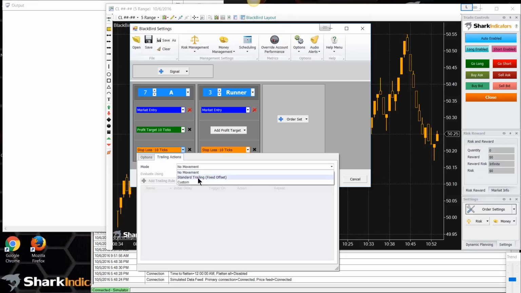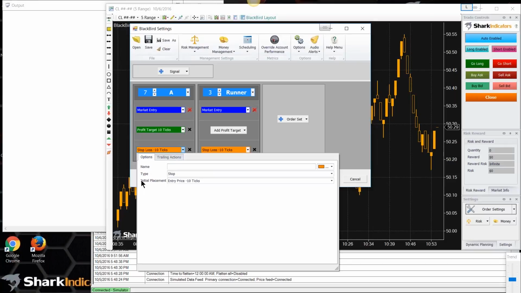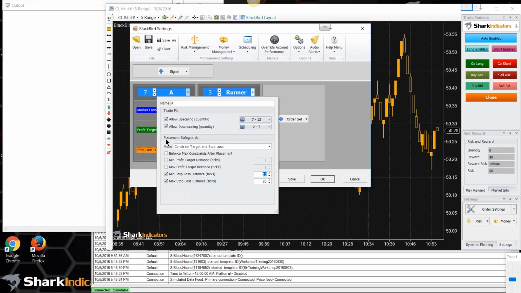And then we could set up some trailing rules, and our trailing rules could create a stop loss bigger than 10 ticks or even tighter than 10 ticks. But the safeguards only apply to the initial placement. That's why this is titled placement safeguards.